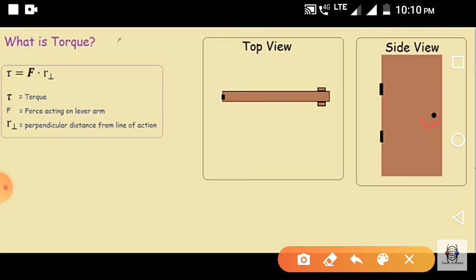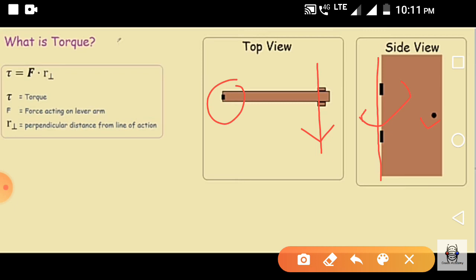That means the direction of force is like this here at this point, and this causes the opening or closing of the door. Now the hinges are present here, so this is the pivot point, and here the pivot axis is here. That means the door will rotate about this axis like this, maybe like this.